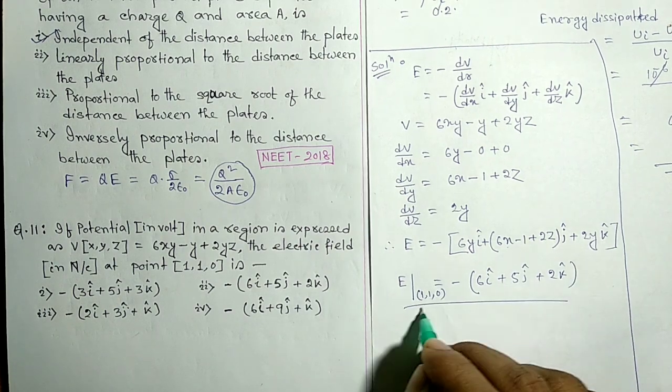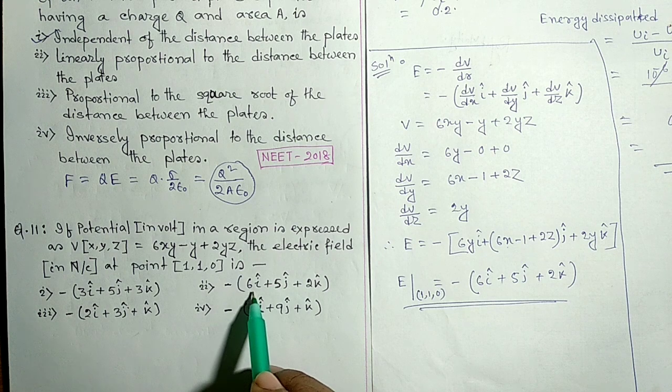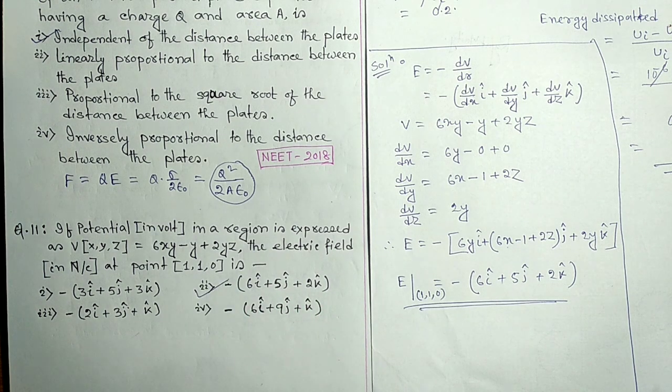So this is our answer. So option 2, minus 6i plus 5j plus 2k, is the right answer. Thank you.